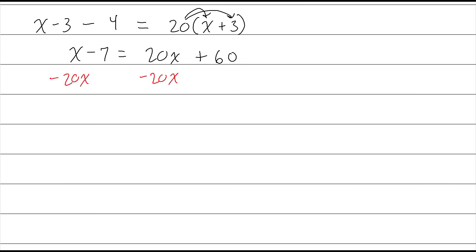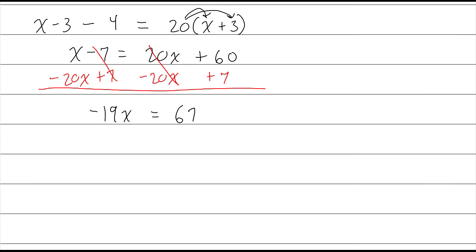And let's add 7 to both sides. And so we can cancel that out and cancel that out. Negative 19x equals 67. Divide both sides by negative 19, and I get negative 67 over 19. Oh, I should check that first.